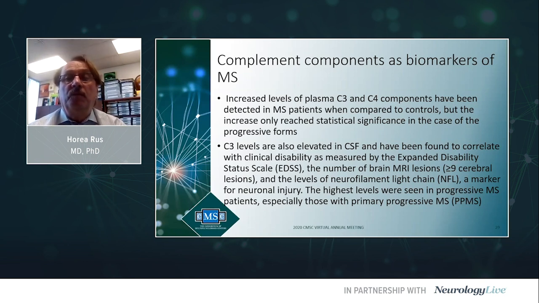And this neurofilament light chain is a marker of neuronal injury.